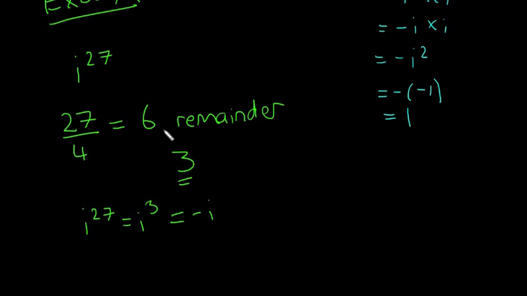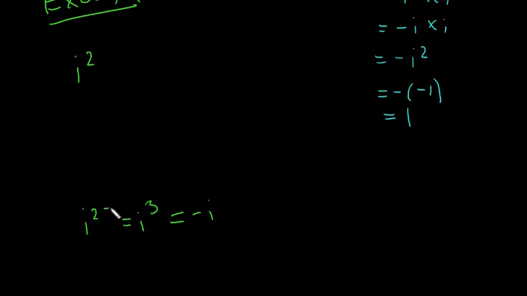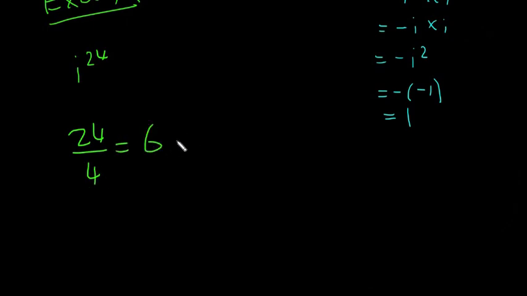For example, if it's I to the power of 24, we go 24 divided by 4 is equal to 6, and there's no remainder.